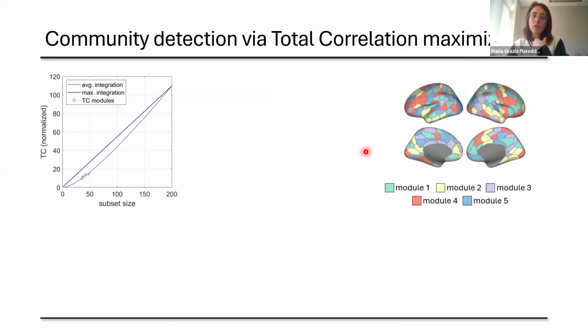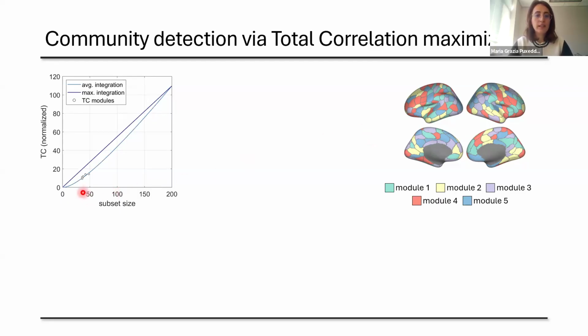then what the algorithm does is it starts assigning nodes randomly at the beginning to modules. And for each module, it computes the total correlation.